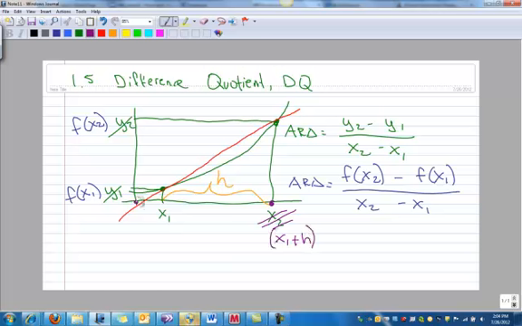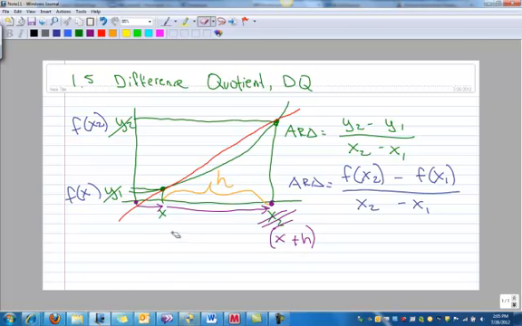Because if I'm here at the origin, of course the distance here is x sub 1, and then the distance here is h, so this total distance is x sub 1 plus h. Now you can see that I don't have a second x sub 2. I just have an x sub 1 and an x sub 1. So what I can really also do is get rid of these little subscripts here.